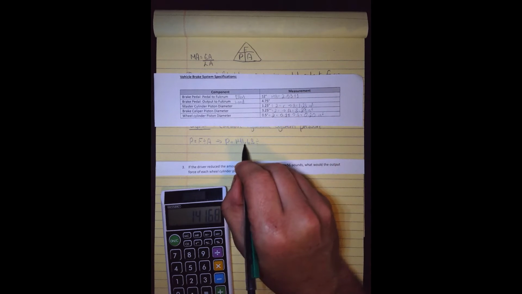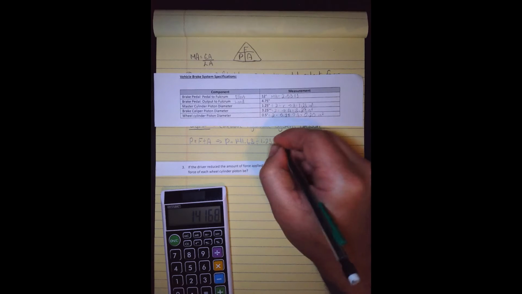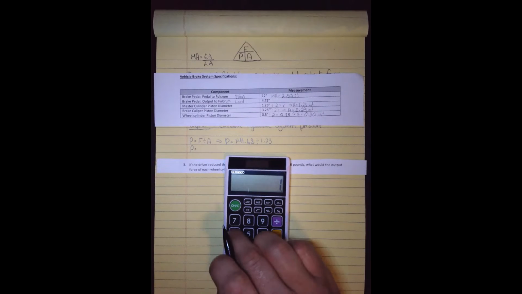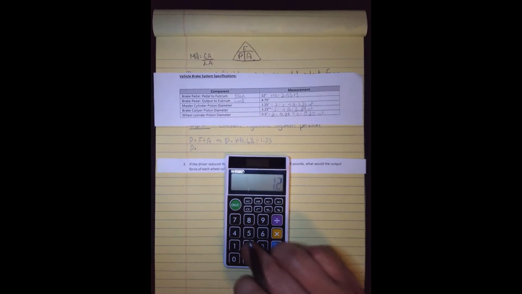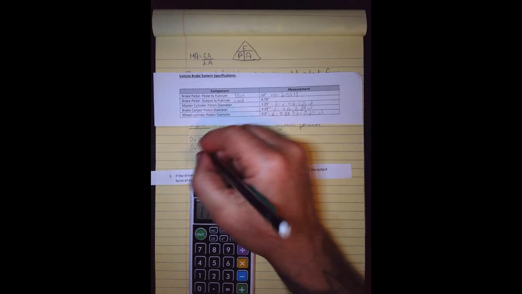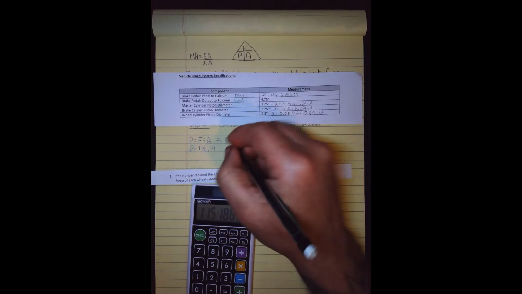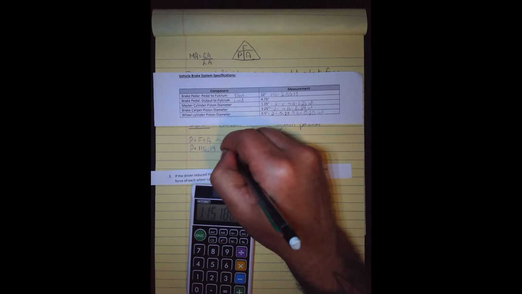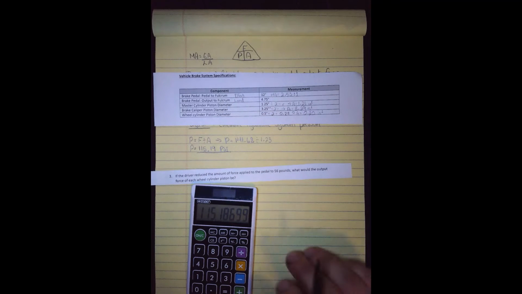So we're going to go 141.68 divided by 1.23. 141.68 divided by 1.23 gives us a system pressure of, let's call this, 115.19 psi. And that's step two complete.